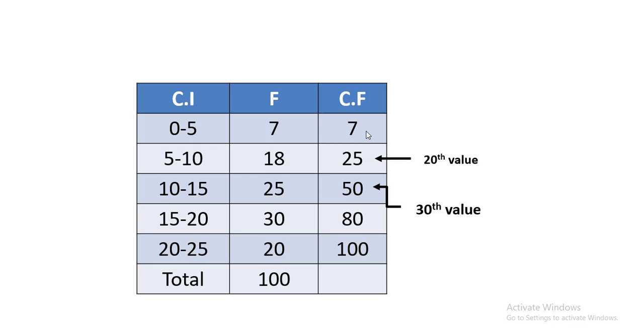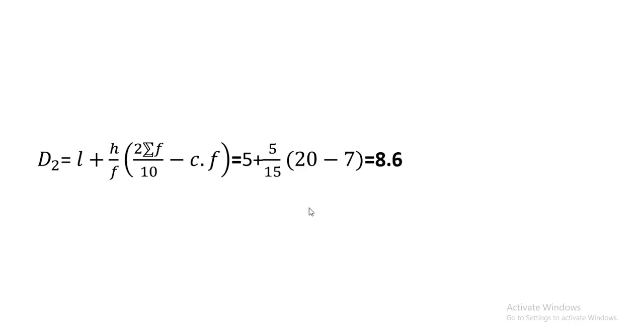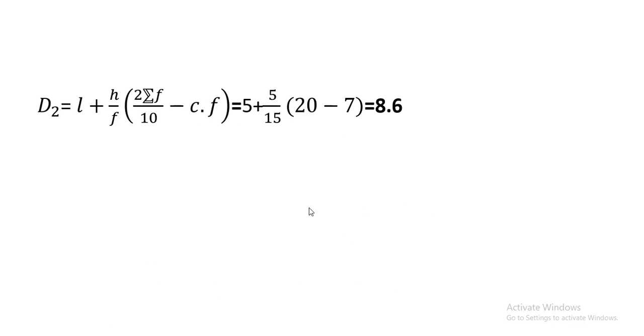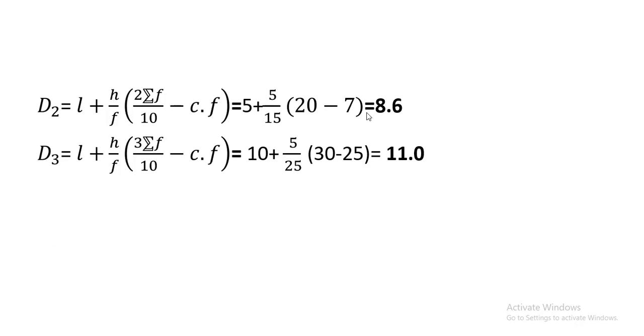So for the second decile we're going to take CF as 7. For the third decile, the lower class boundary is 10, frequency 25, and for CF we're going to take the preceding class CF, which is 25. After substituting the values, for the second decile we got a value equal to 8.6 and the third decile value is equal to 11.